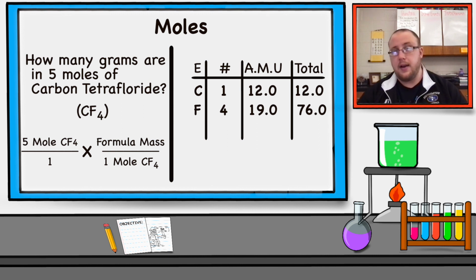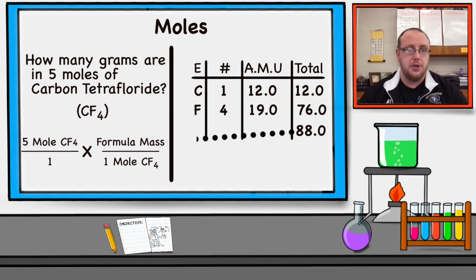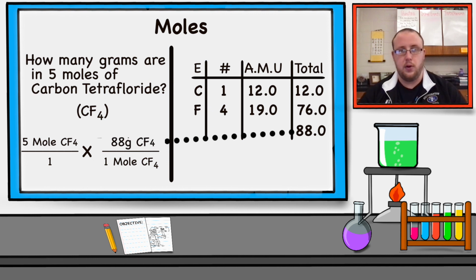Now I just add the carbon and fluorine atoms together to get 88 atomic mass units for carbon tetrafluoride. This is a number we can use back in our equation. So if we fill out our equation, it should say 5 moles of CF4 over 1 times 88 grams of CF4 over 1 mole of CF4.